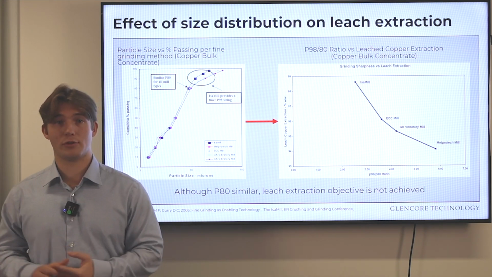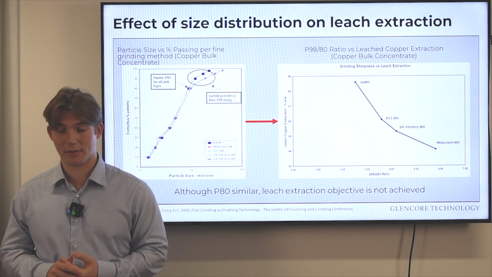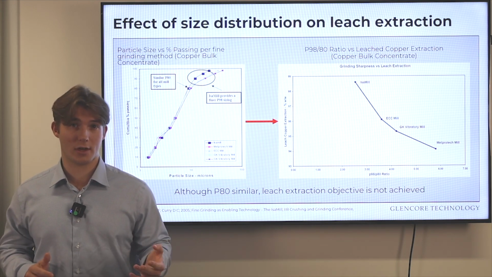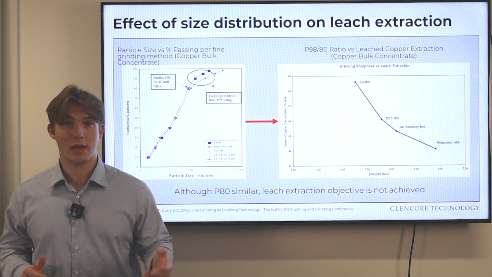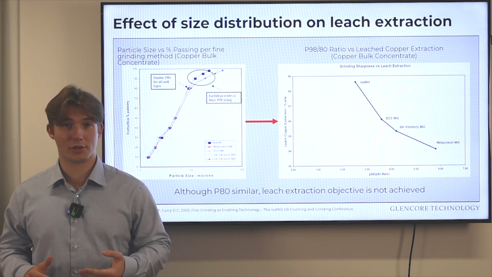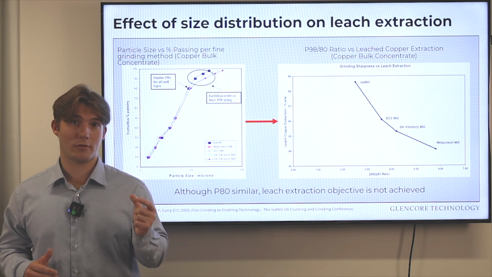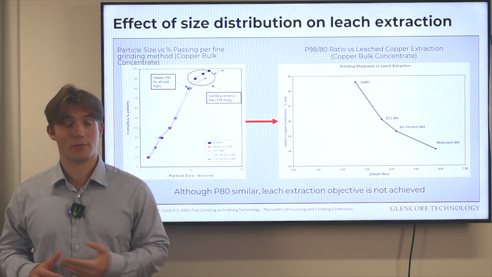Transferring this over to the performance on the downstream leaching, we can see that the IsaMill with the sharpest cut size and the sharpest size distribution achieved the best leaching extraction as it essentially minimised the losses to recovery and performance from passivation.